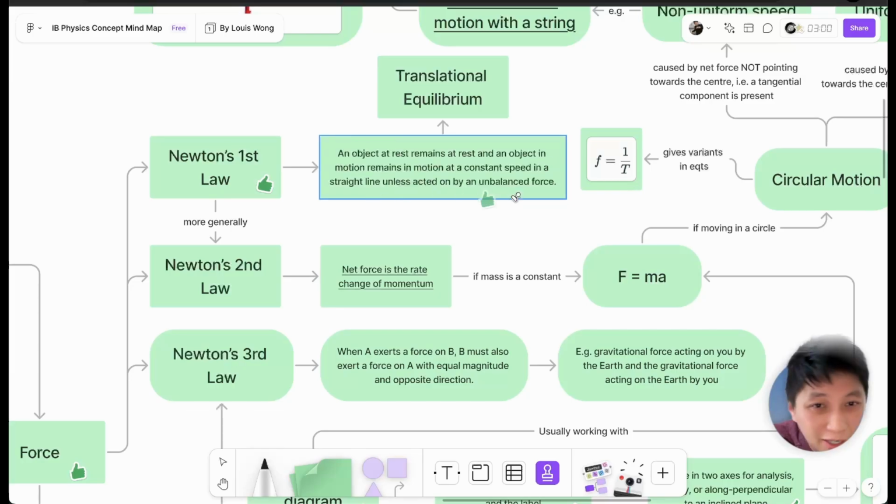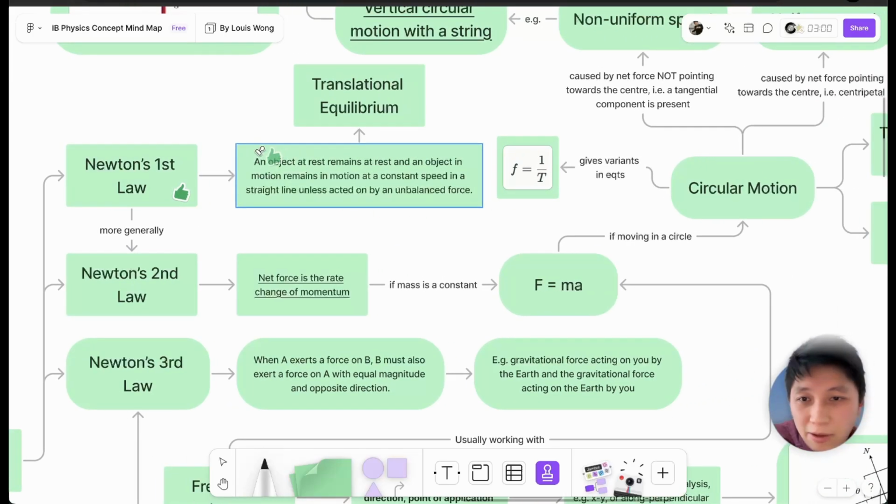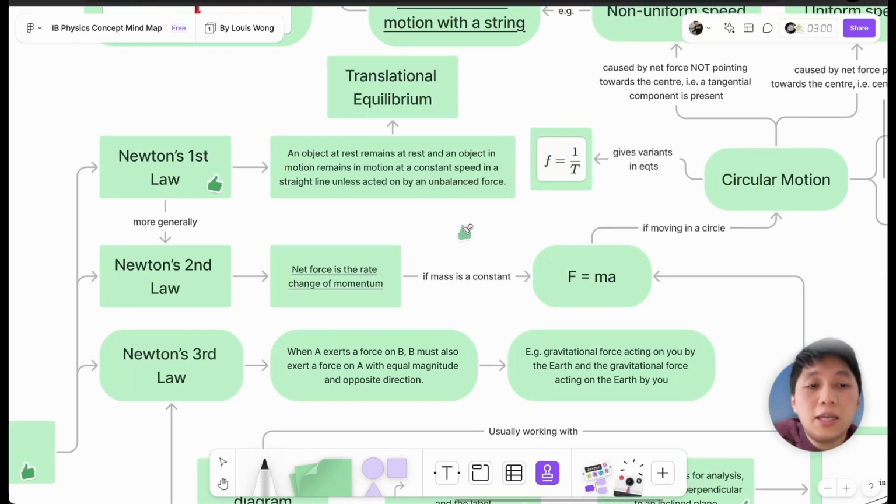The definition here, you can see I put a really long sentence. There's a reason for that, because basically you have to recall it. So you can literally just follow my wording here. If you have no idea, you can revisit your textbook, or perhaps find a past paper question and look at the mark scheme.